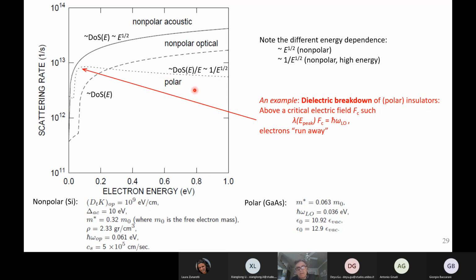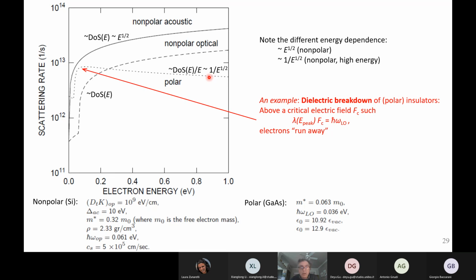In non-polar materials, it's the same process, but you do not have this velocity runaway or electrons runaway, which happens when you hit the maximum of the scattering rate for polar interaction. So this is an interesting consequence of, if you wish, this idea that the matrix element actually gives you a 1 over a square root of energy contribution to the scattering rate. You have it for all Coulomb interactions, because most Coulomb interactions have some power of Q in the denominator in their matrix elements.